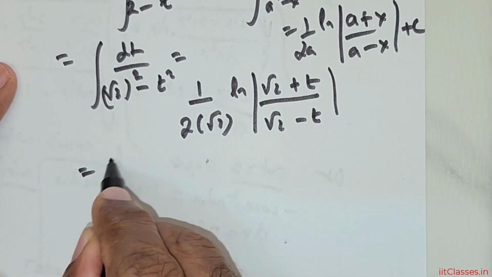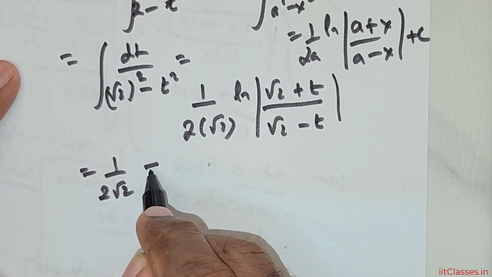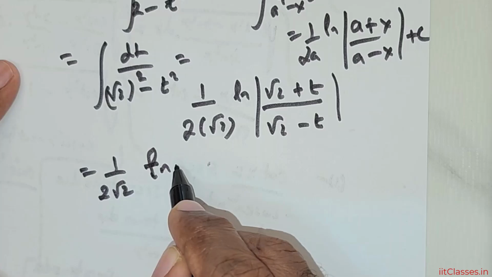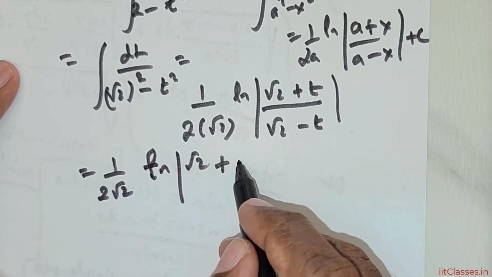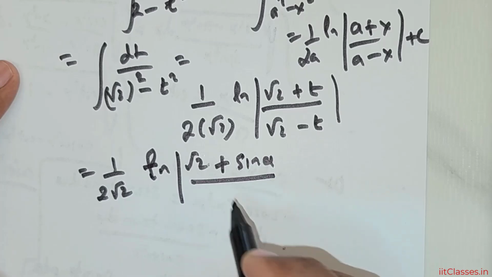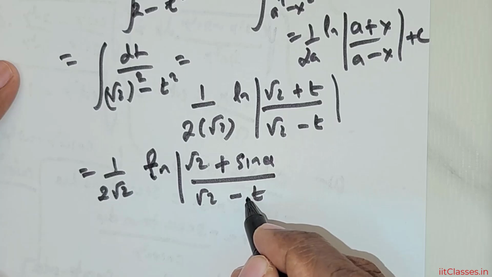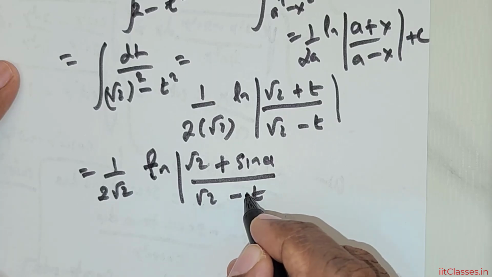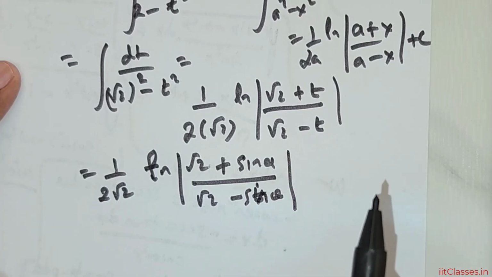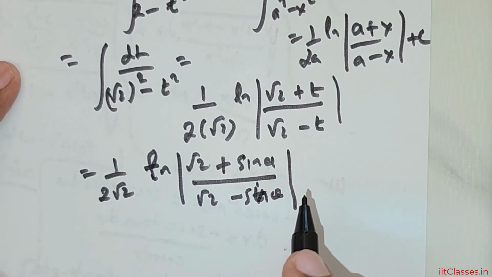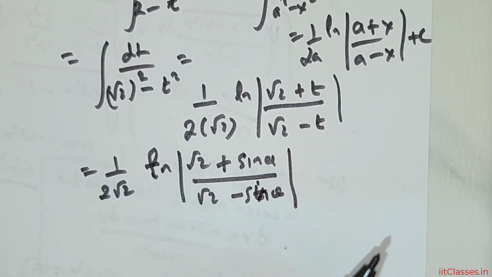It is sin theta. So this is going to be 1 over 2 times root 2 ln modulus of root of 2 plus sin theta, divided by root of 2 minus sin theta. Sin theta should come there. Okay, fair enough. Now we need to take these two components and place it here.